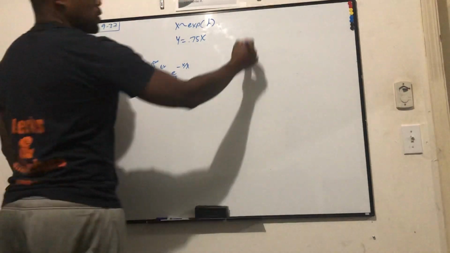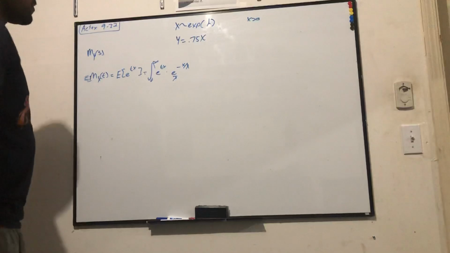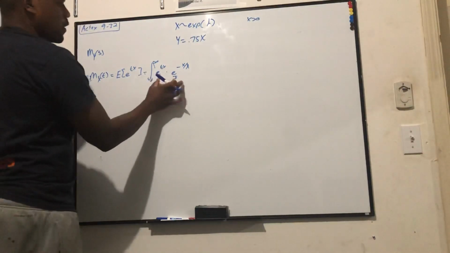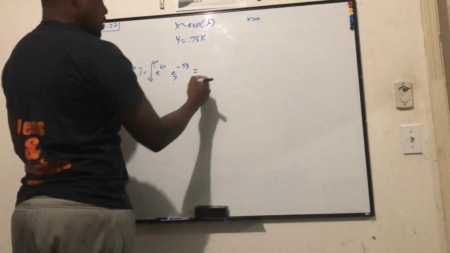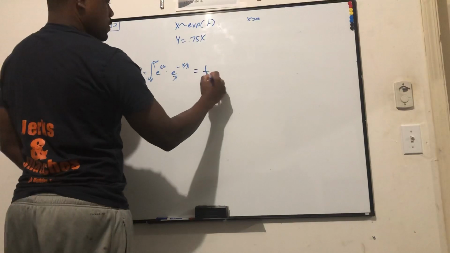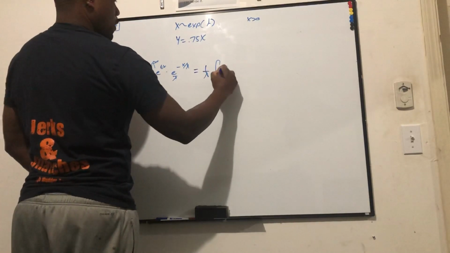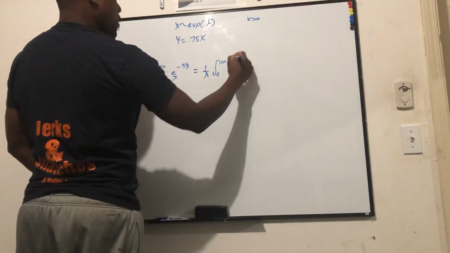Exponential, right? We know that it's greater than 0. So this is the moment generating function, or at least the definition of it. So let's go ahead and pull out this constant, and then let's integrate what we have here.